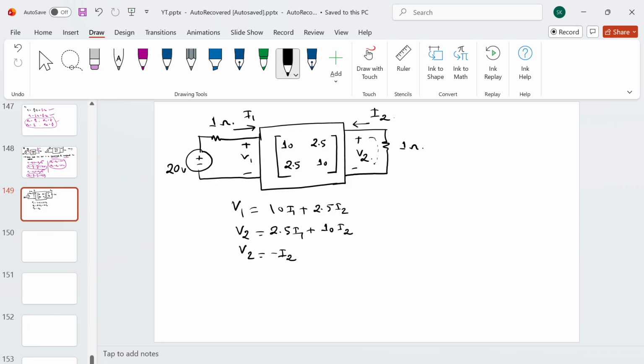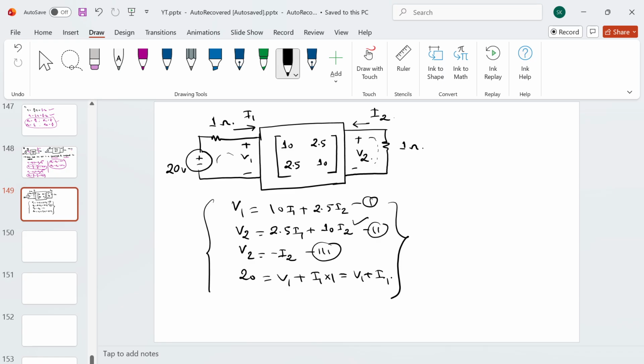Because if you write the KVL here, you will get V2 equals minus I2, and on the input side, if you write the KVL, you will get 20 equals V1 plus I1 into 1. So these are the four relationships, and you have four unknowns. So you can put V2 equals minus I2 into these equations. Equation 1, equation 2, equation 3, equation 4. If I put equation 3 into equation 2, I get minus I2 equals 2.5 I1 plus 10 I2.